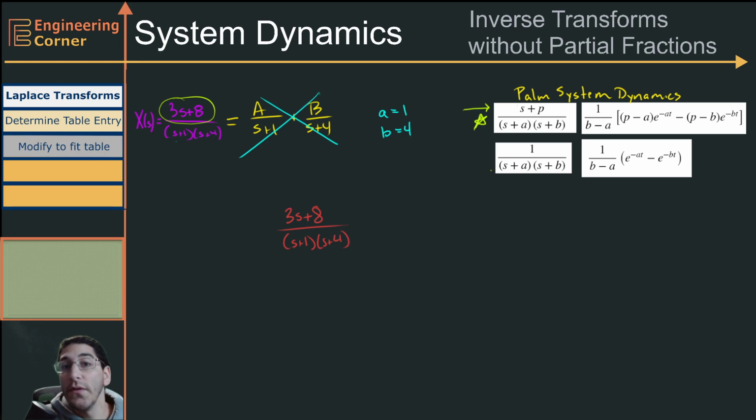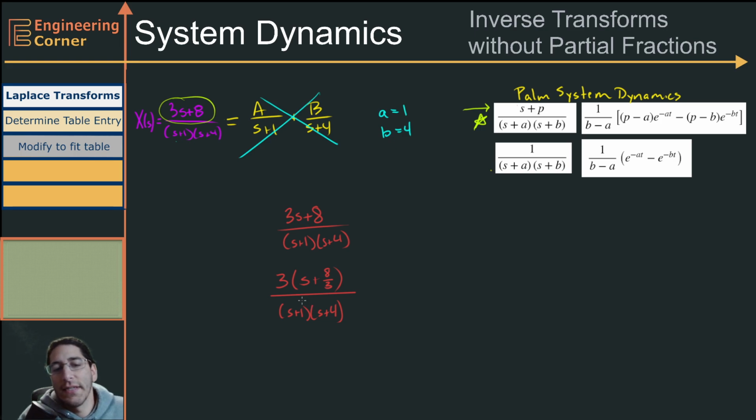So I have (3s + 8) over (s + 1)(s + 4), and I'm just going to factor out a 3. But when I factor out a 3, I need to be careful. I can't just say this is going to be 3 times (s + 8). I have to remember that if I'm factoring out a 3 from the s, I also need to factor out a 3 from the other terms in my numerator. So now this is times (s + 1)(s + 4).